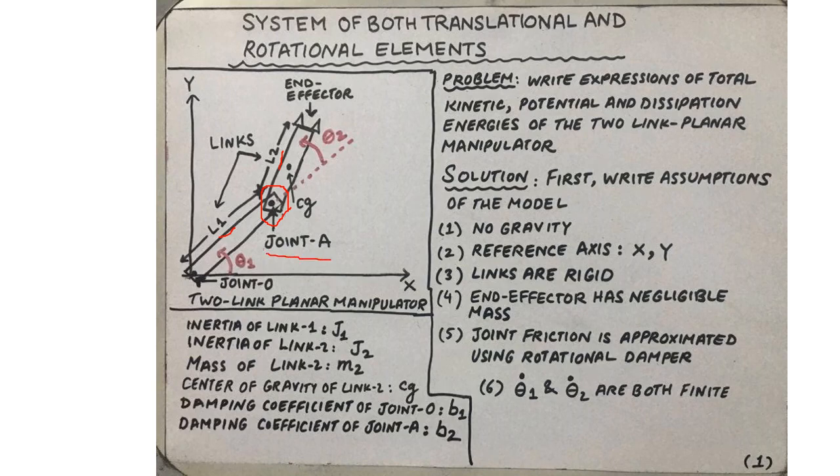So one end of link 1 is connected to link 2 at joint A. The other end is representing joint 0, which provides a pivot, and link 1 is going to rotate about this pivot. The joints are modeled as rigid links, and therefore as they rotate they are going to exhibit rotational kinetic energies.